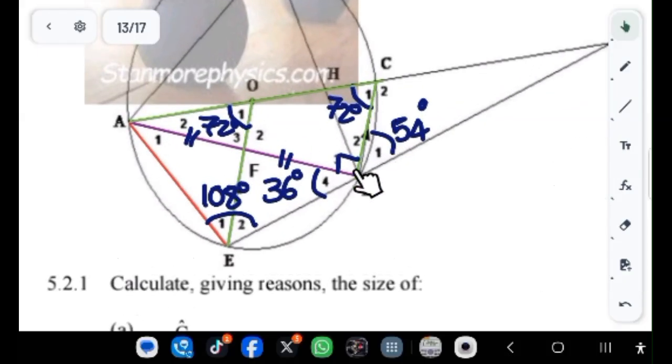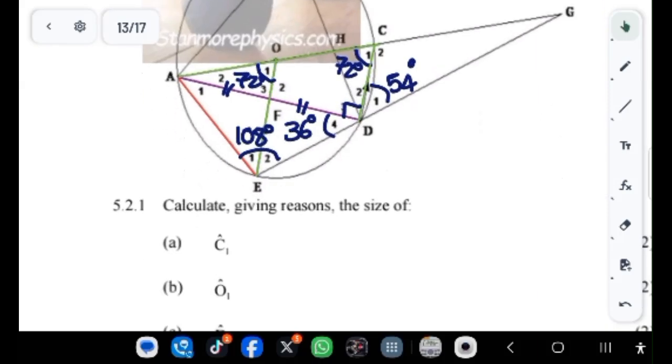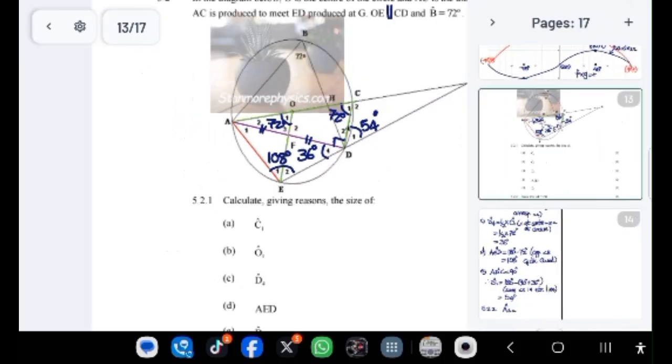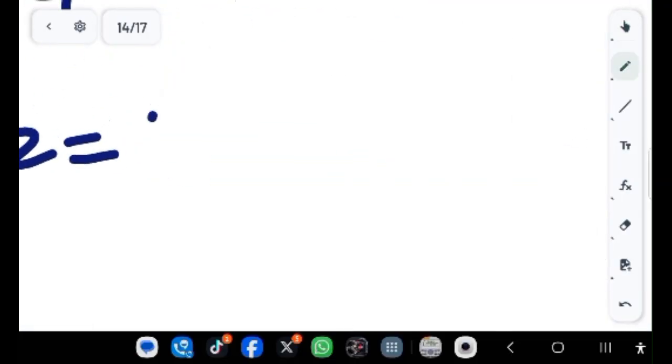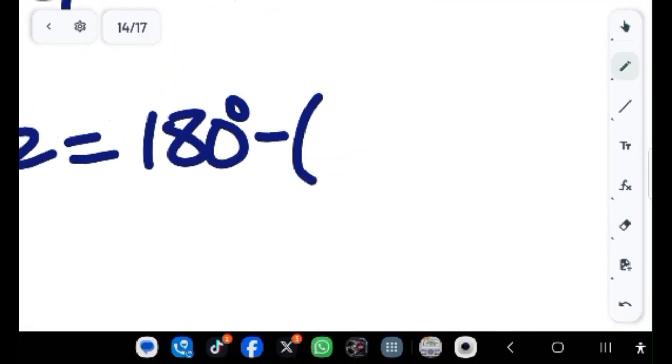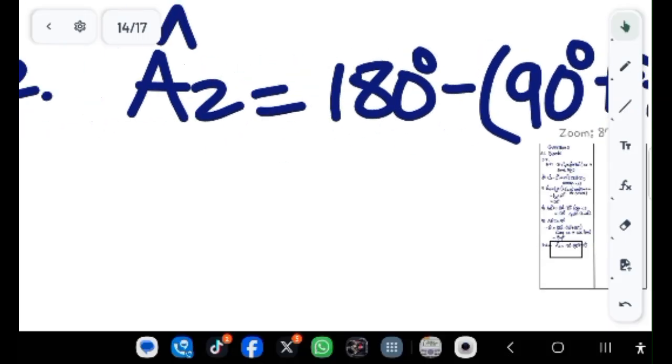Angle A2 is equal to 180 minus 72 minus 90, and this is sum of angles in a triangle.